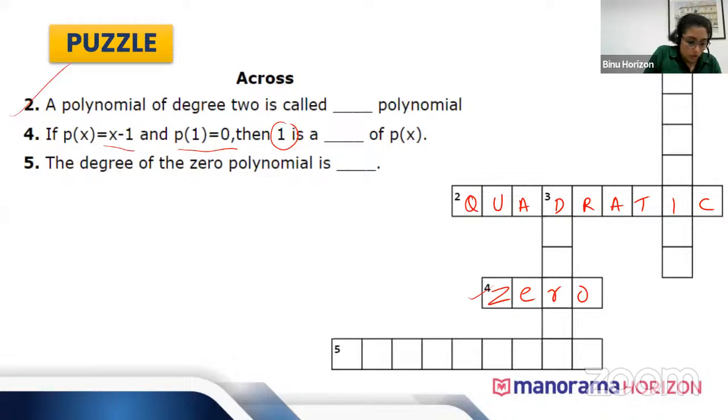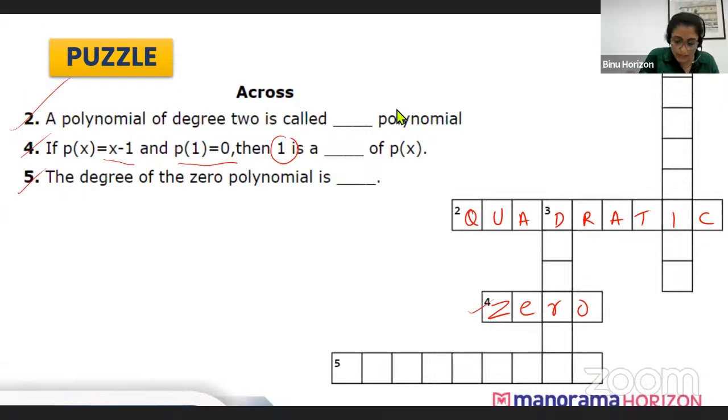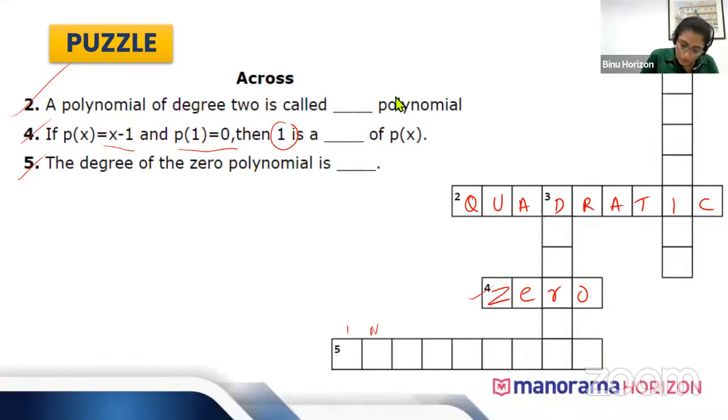Now, fifth one: the degree of a zero polynomial. We have already discussed that. Yes, 0. Again we get another 0. Sorry, degree of the zero polynomial: indefinite, does it fit over here?